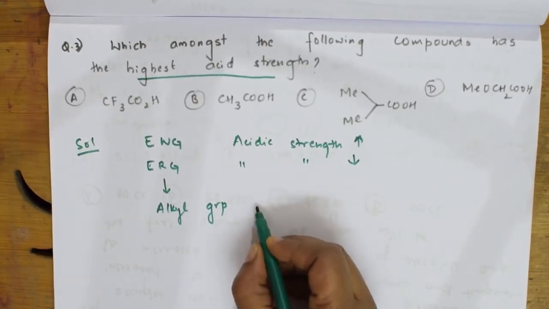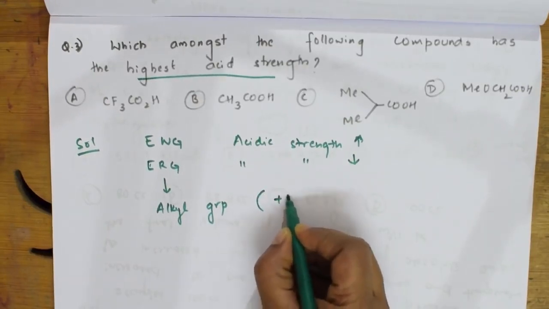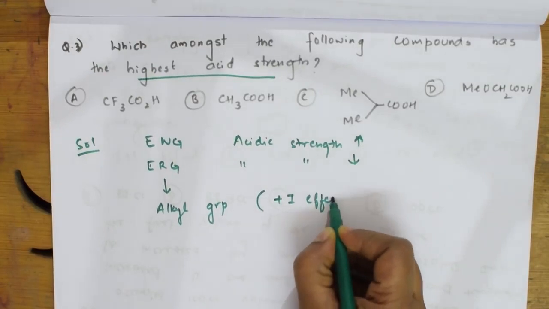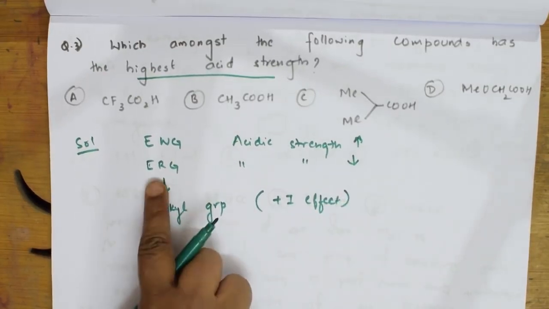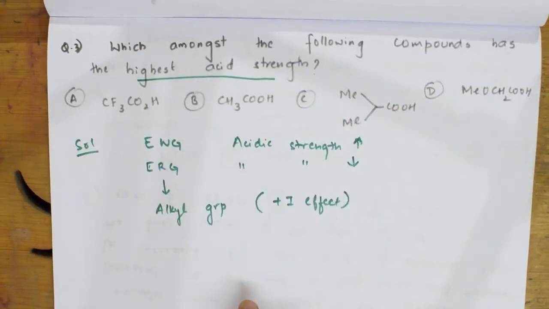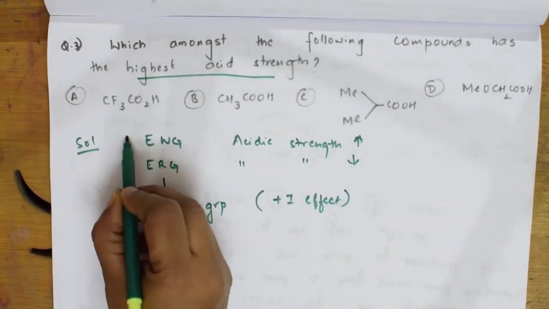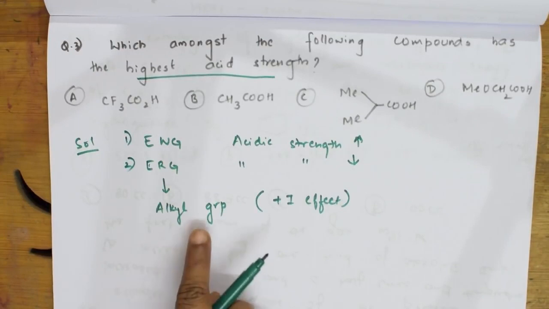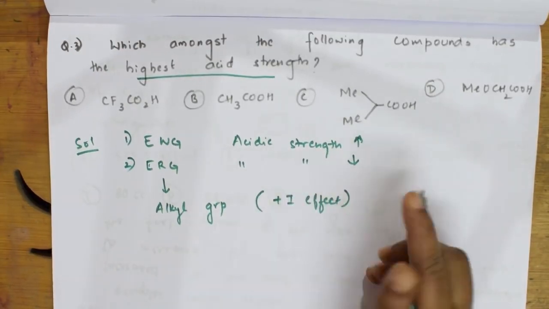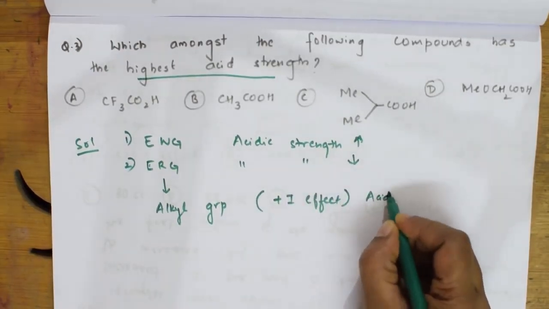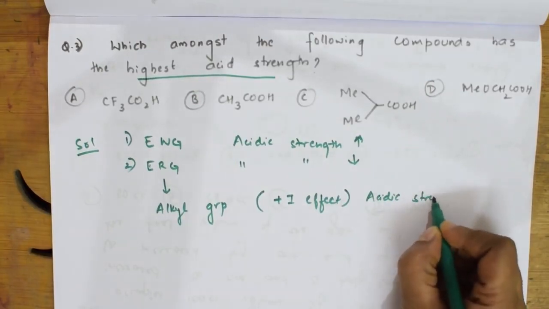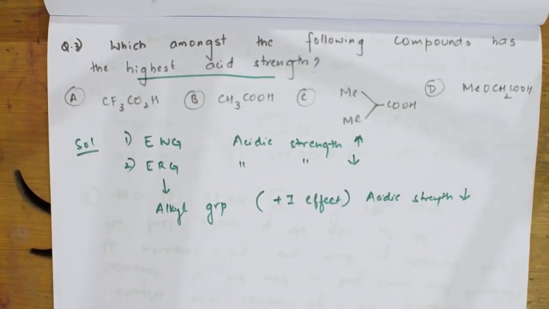And what effect do they show? They always show the plus I effect. So whenever there is an alkyl group present in the compound, automatically the acidic strength decreases. Let us put this as 1, and this as 2. Alkyl group is there means acidic strength automatically decreases, because it is electron releasing.